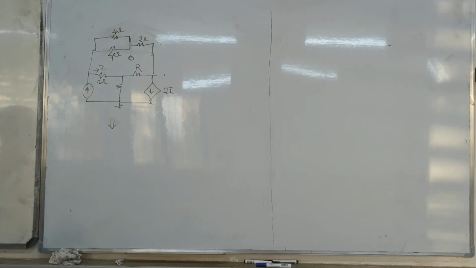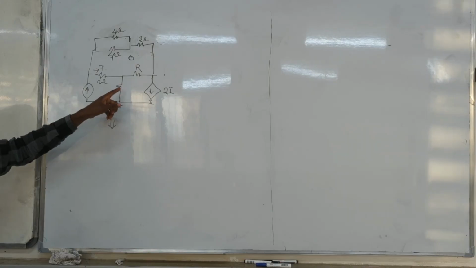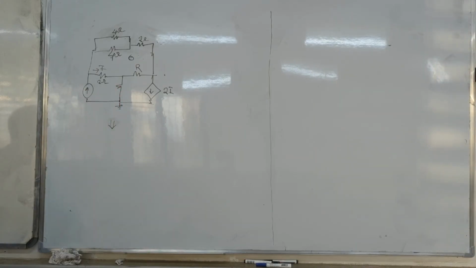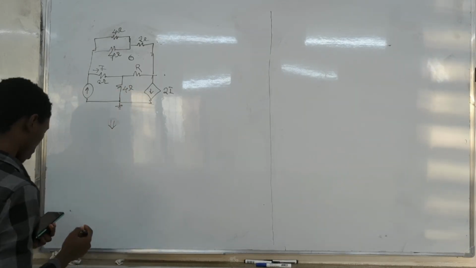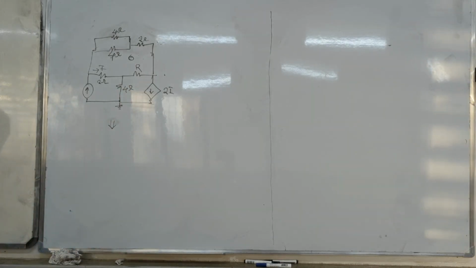Then next, where? This one. Yes. Oh, I didn't put the value. 4. Yeah. Next step. Any next simplification? They are in parallel.